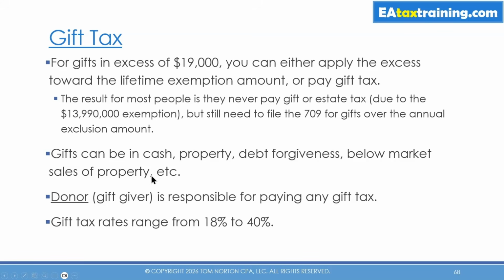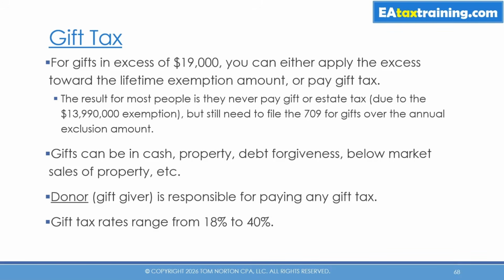And you also want to know when you are giving a gift. What I mean by that is a gift can be in cash, can be in property, can be in debt forgiveness, can be in a below market sale of a property. So if you forgive someone a debt, let's say they owe you $40,000, you forgive that debt, that is generally going to be a gift, has to be reported.